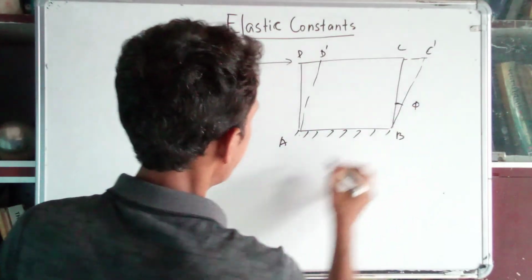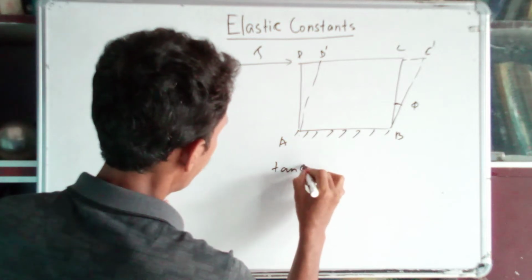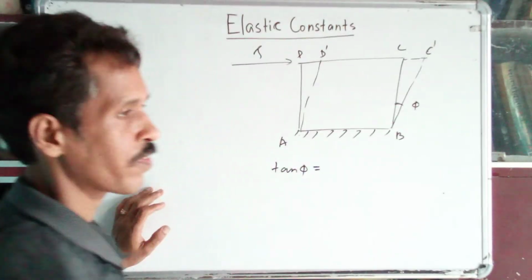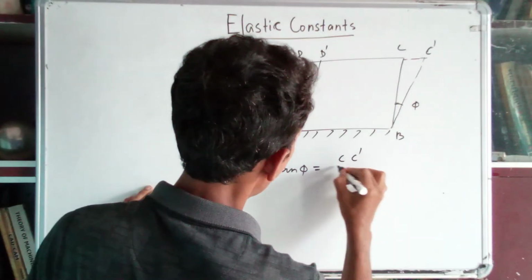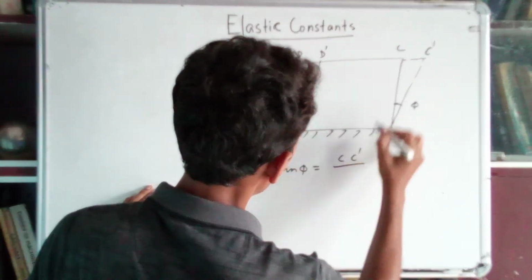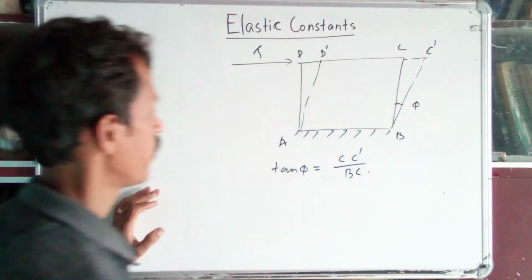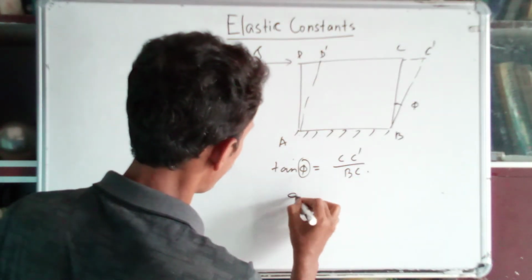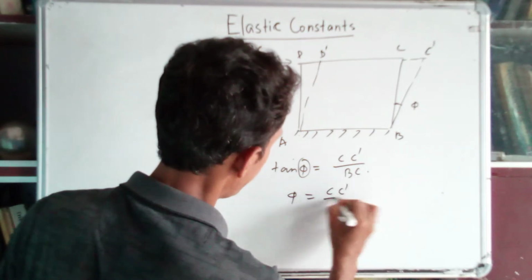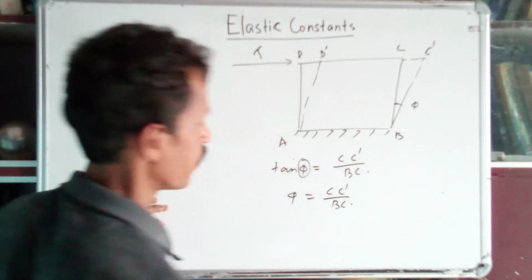Now tan phi is equal to C dash divided by BC. So if this phi is very small, we can consider tan phi equal to phi equal to C dash by BC.